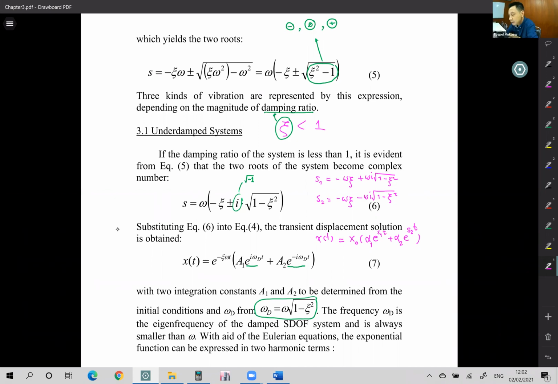At least from the design code, you can observe that the type of structure has a very significant effect on the damping ratio. As I explained before, a steel structure has a lower damping ratio than a reinforced concrete building.